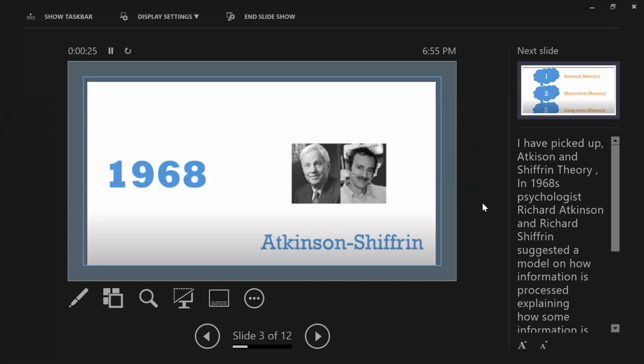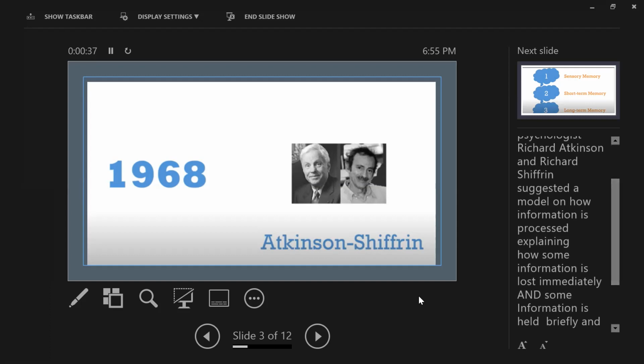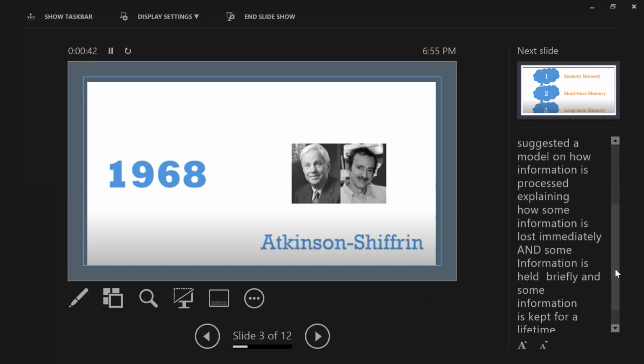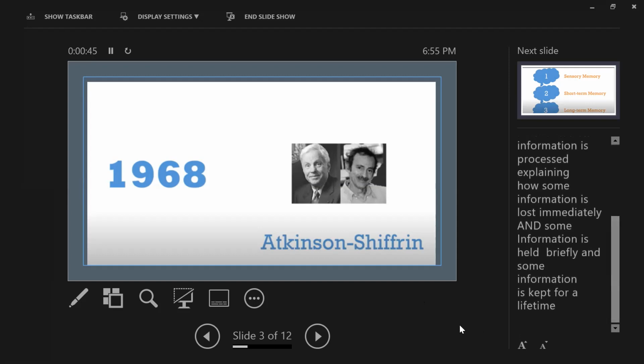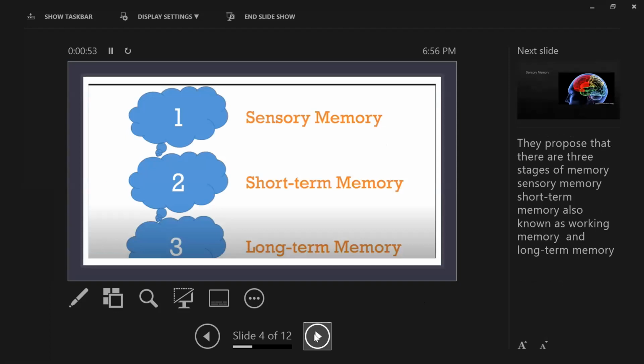In 1968, the psychologists Richard Atkinson and Richard Shiffrin suggested a model of how information is processed, explaining how information is lost immediately, how some information can be held briefly in our mind, and how information can be kept for a lifetime as long-term memory. They proposed this theory in 3 stages: sensory memory, short-term memory, and long-term memory.